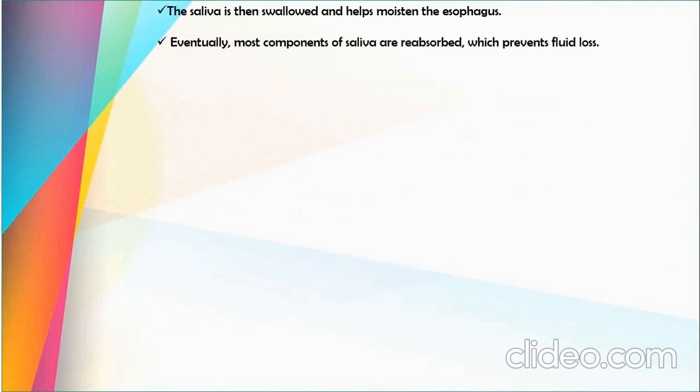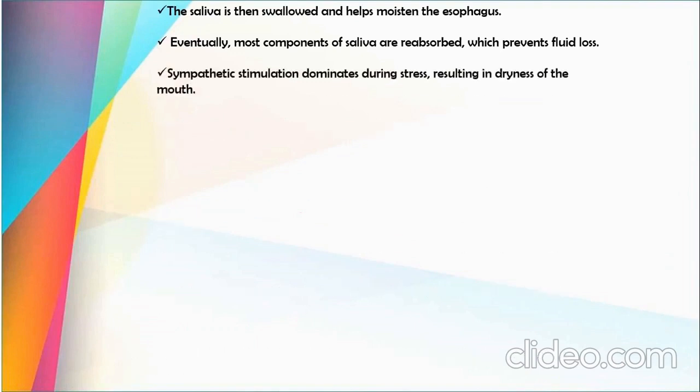The saliva is then swallowed and also helps moisten the esophagus. Eventually, most components of the saliva are reabsorbed, which prevents fluid loss. Sympathetic stimulation dominates during stress, resulting in dryness of the mouth.